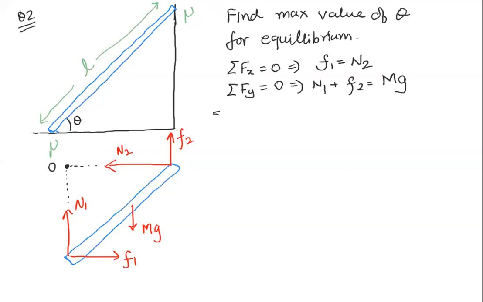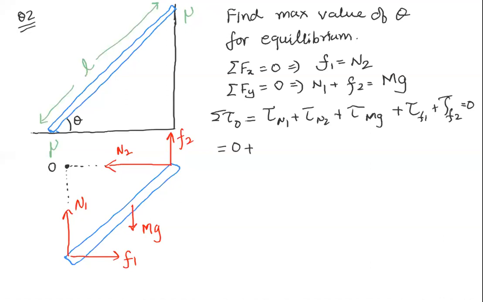So summation of torque about point A, which is summation of torque due to N1, or due to mg, or due to F1. This is equal to 0. So we have 0 plus 0. N1 and N2 give 0. Plus torque due to mg.